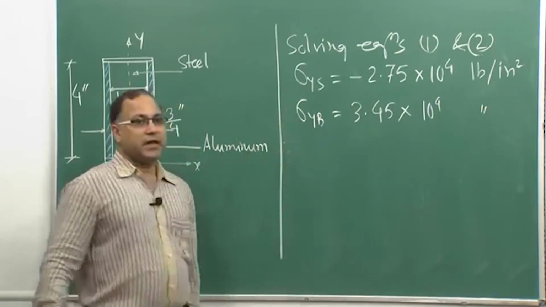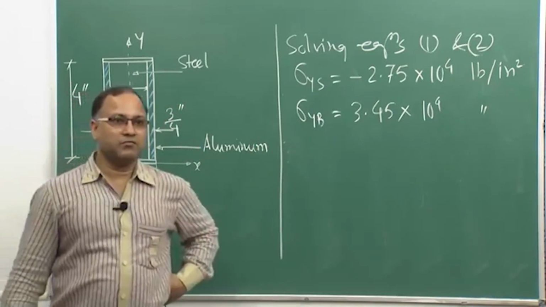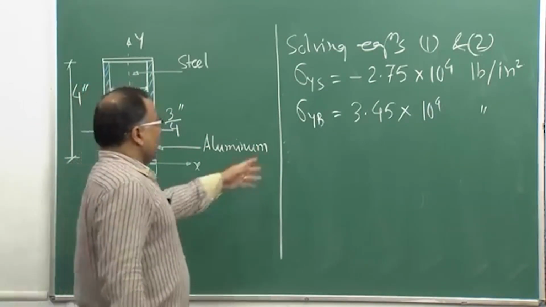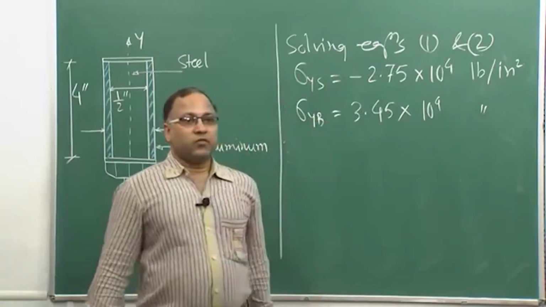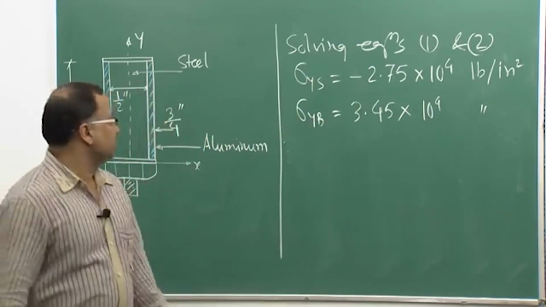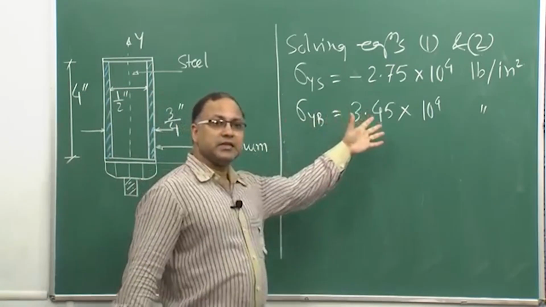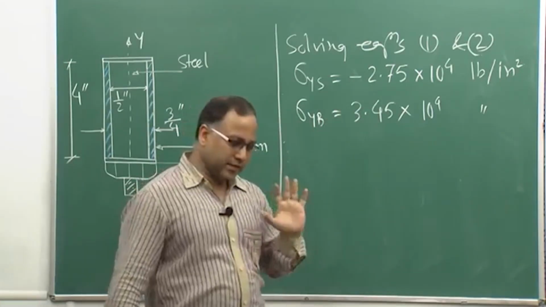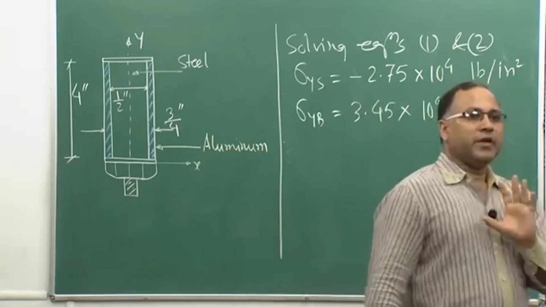From here you can see that due to the mechanical strain, your sleeve is experiencing the compressive stress, and the bolt is experiencing the tensile stress, fine. So, this is coming due to the mechanical strain.